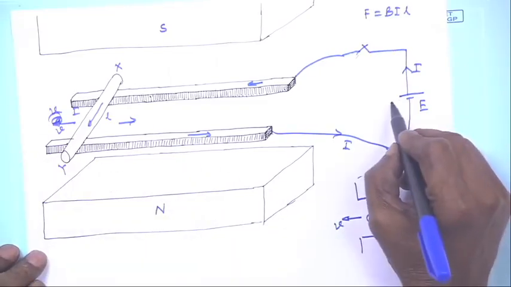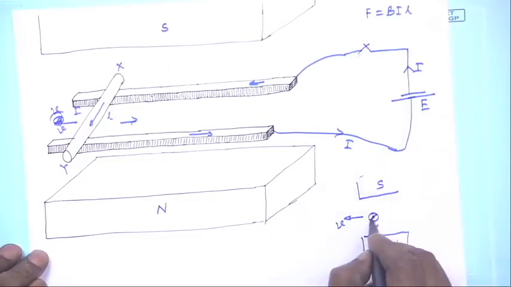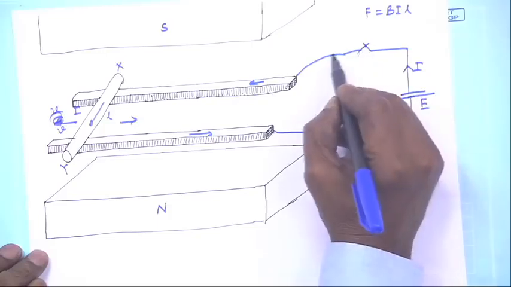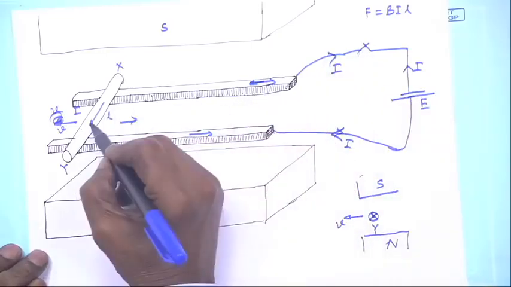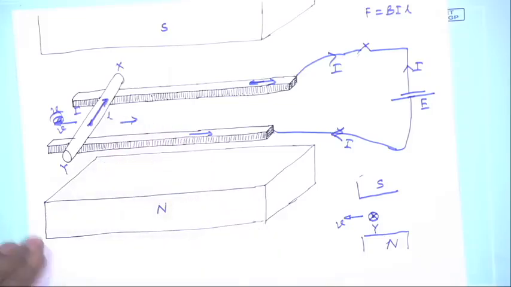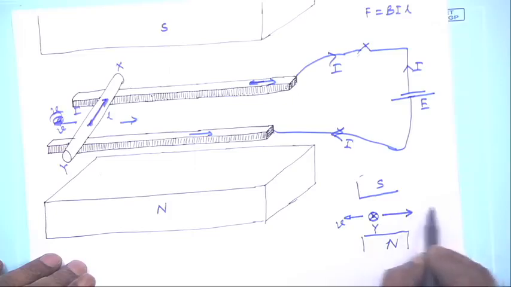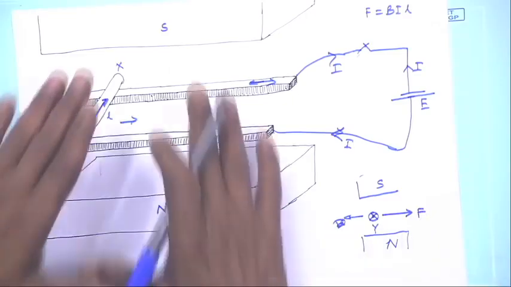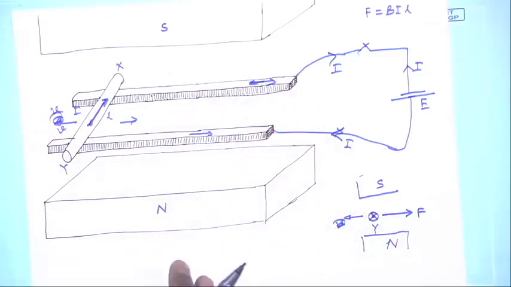If I reverse the polarity of the current, then this will become a cross, this will be the current direction I, and then the conductor will start moving in this direction, experiencing a force in this direction. But anyway, this now gives you a clear understanding of the system we are talking about.